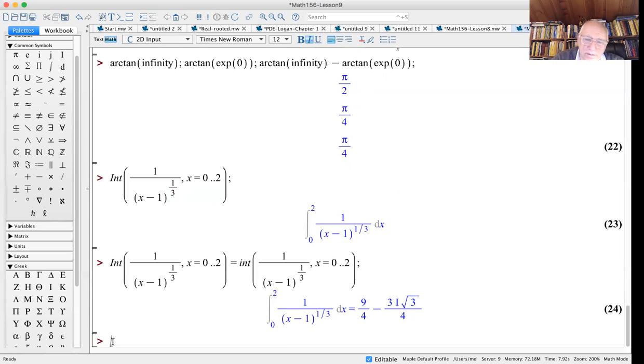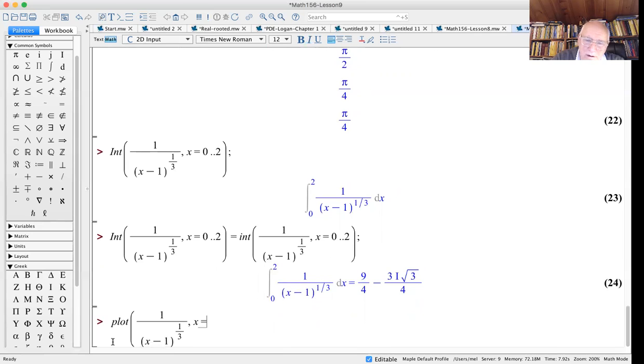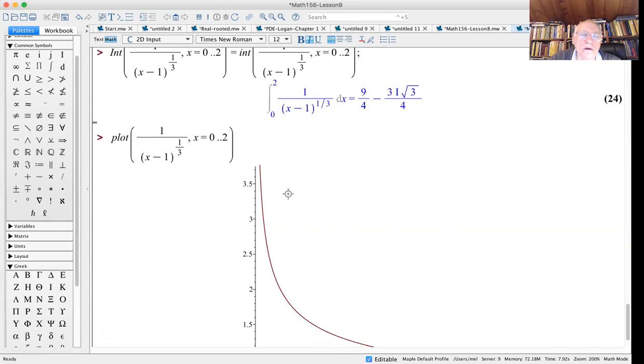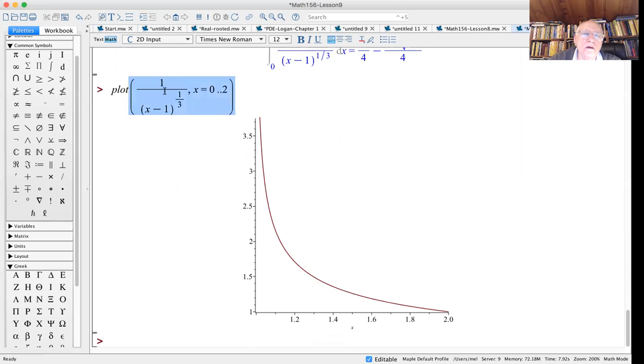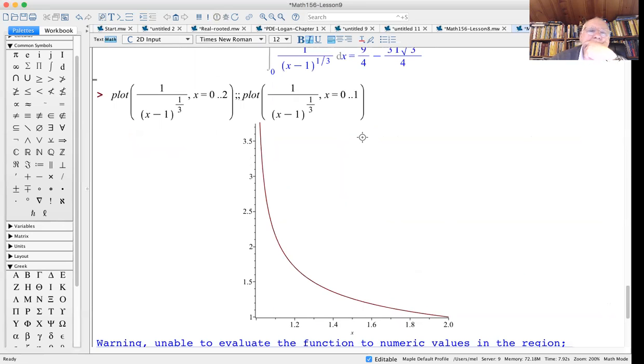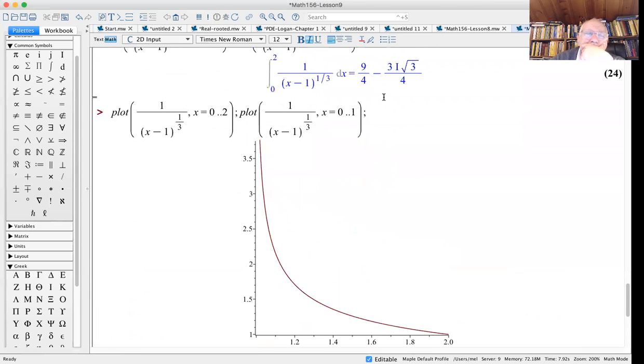Suppose we look at this function, and we plot it from 0 to 2. So for some reason, Maple only wants to graph this from 1 to 2.